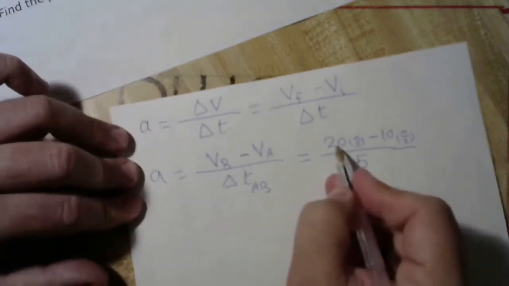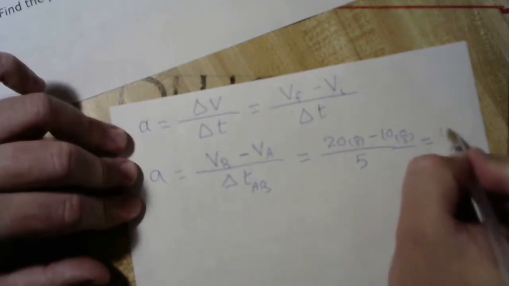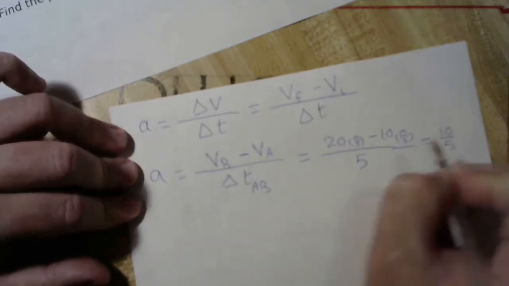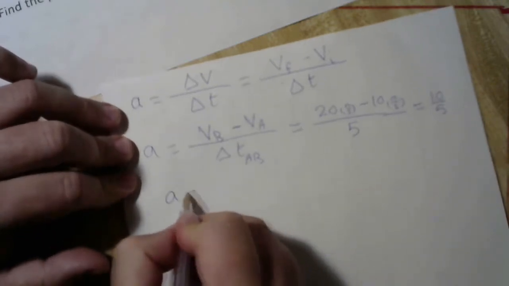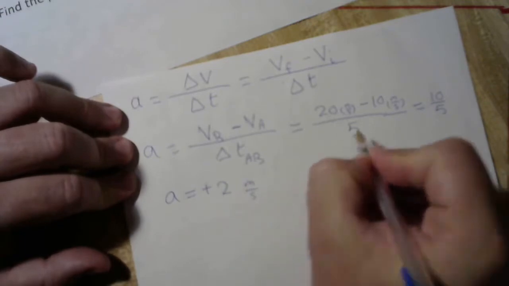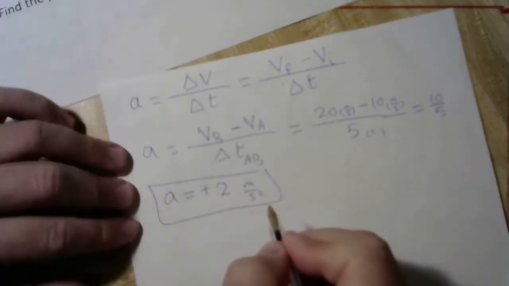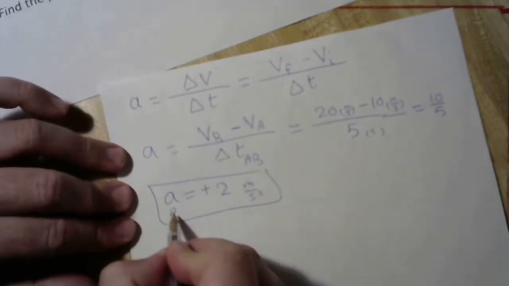Okay, 20 minus 10 is 10, over 5, so the acceleration is equal to positive 2 meters per squared second. This is between A and B.